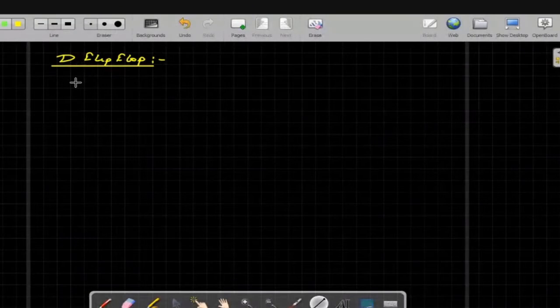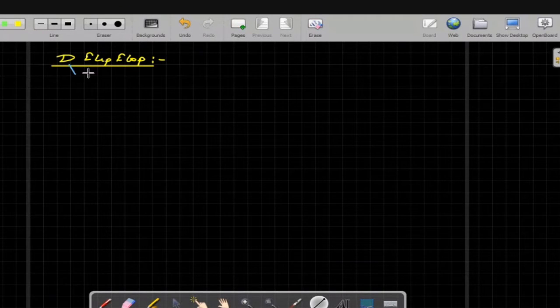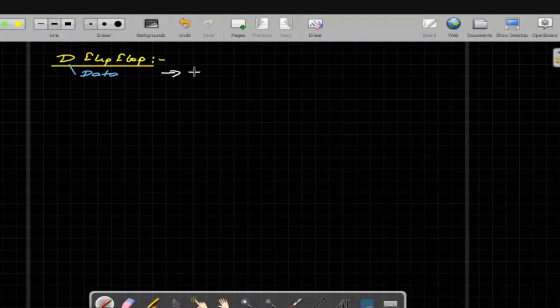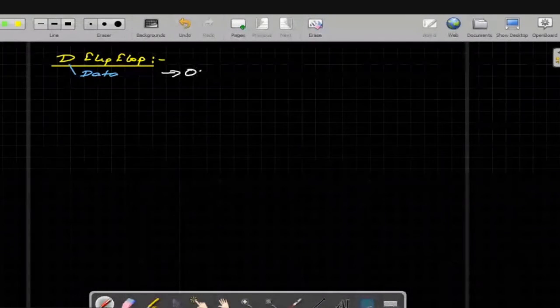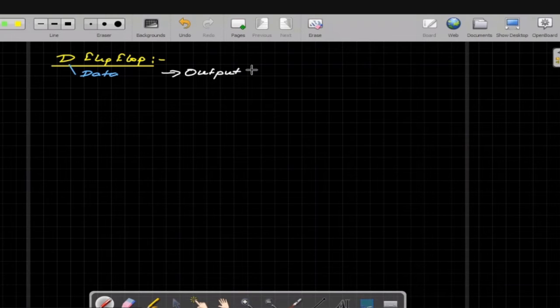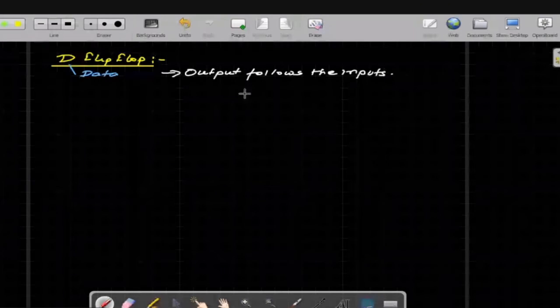This D represents the data flip-flop, so D signifies data. Why do we call it a D flip-flop? Because the very important tag line of this flip-flop is that its output exactly follows the input.